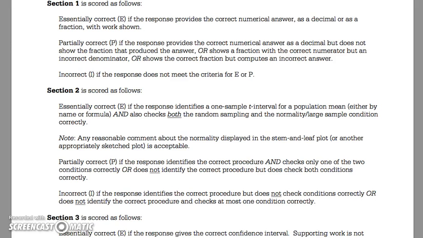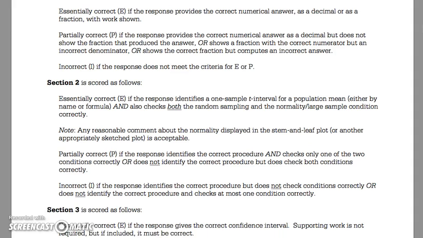Essentially correct if the response provides the correct numeric answer as a decimal or as a fraction with work shown. Partially correct if the response provides the correct numerical answer as a decimal but does not show the fraction that produced the answer, or shows a fraction with the correct numerator but an incorrect denominator, or shows the correct fraction but computes an incorrect answer. And lastly, incorrect if the response does not meet the criteria for E or P.